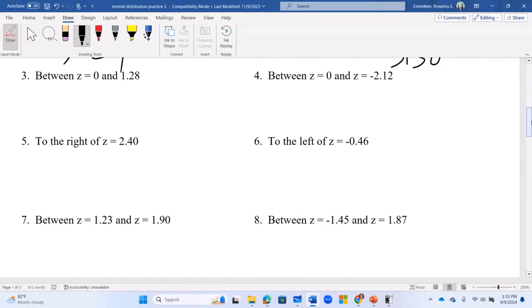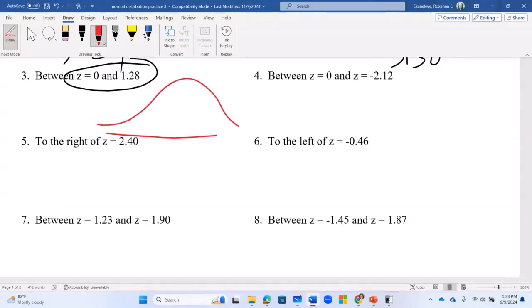They know that it will help you out a lot. Any question on normal distribution, you have to draw a normal curve. Here, they want me to find the area between, so I have to draw a normal curve first.